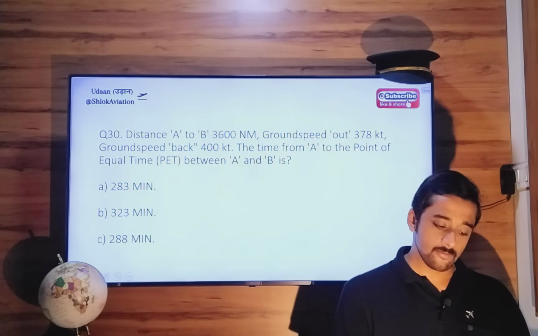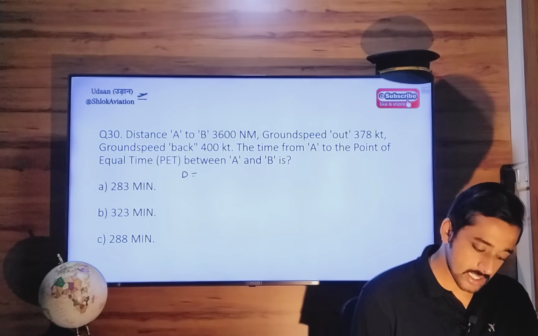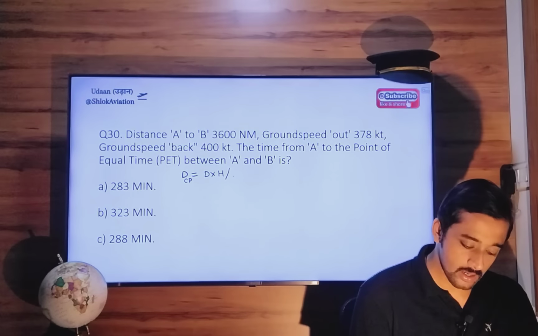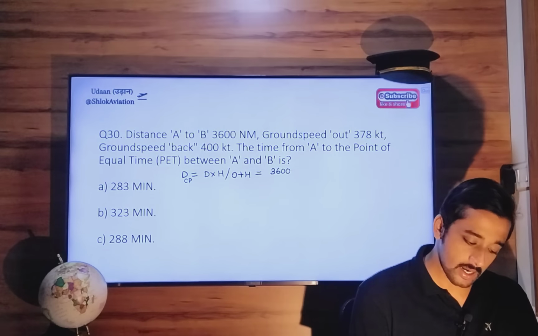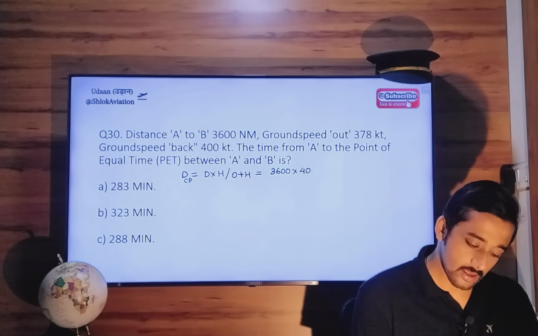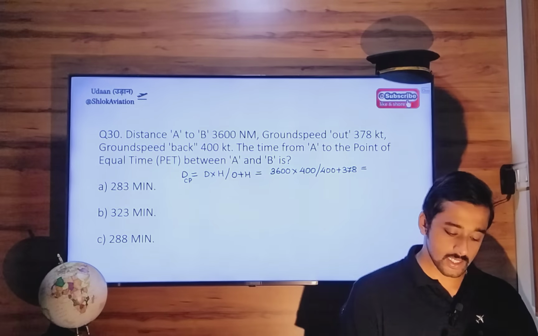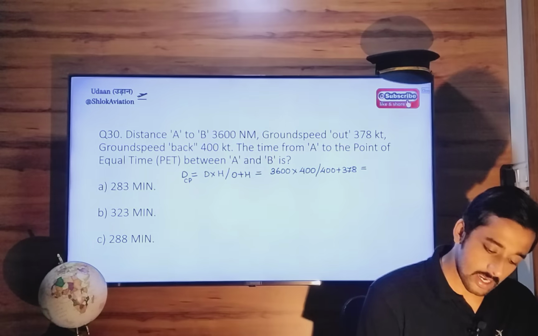We have to find time from point A to the point of equal time. So let's first find distance to critical point, which is total distance into homebound speed divided by outbound plus homebound. So 3600 into 400 divided by 400 plus 378. 400 plus 378, 778.